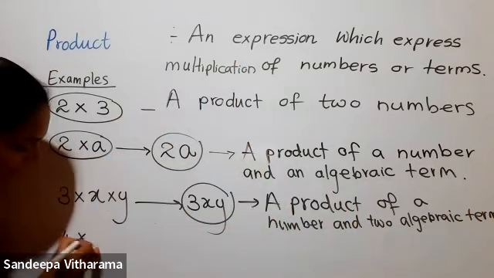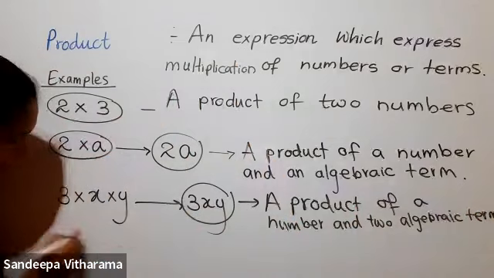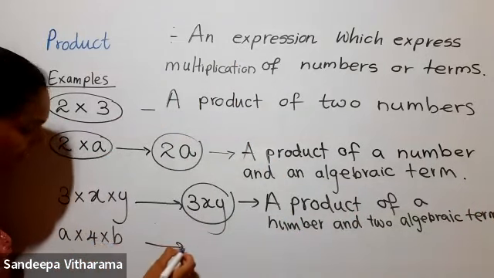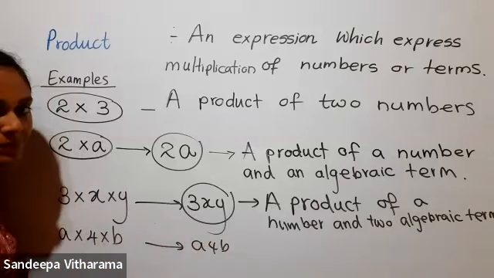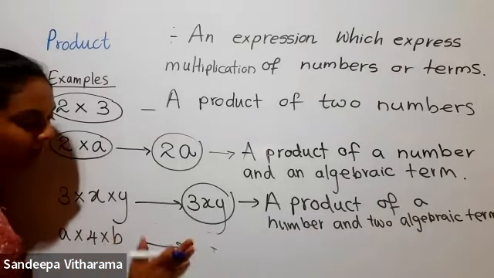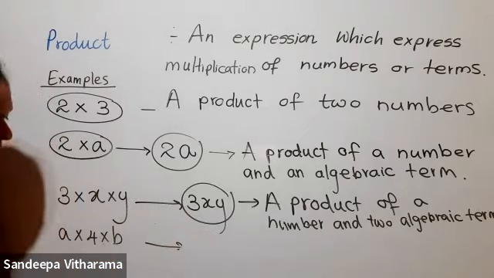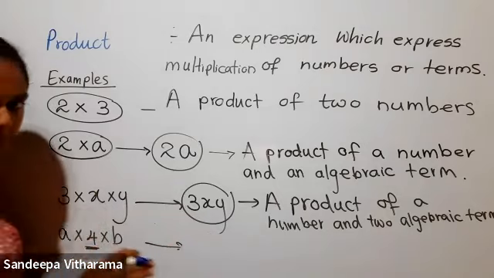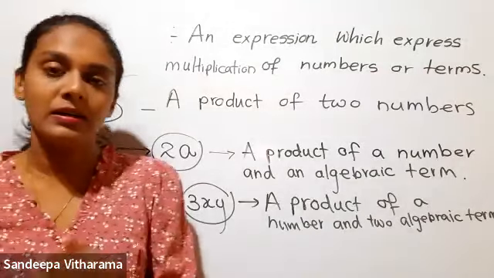Then look at when you have this kind of one: 4 into a, a into 4 into b. Do we write it as a4b? No. Here we have to give priority to the number.